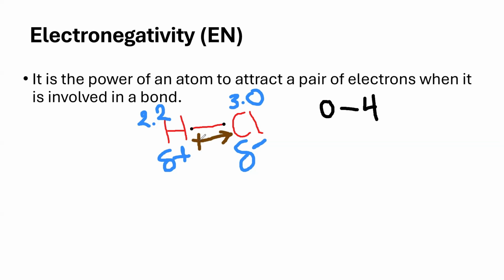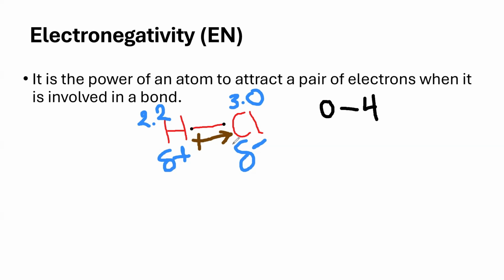So it can be represented in this way or in this way. The more electronegative atom will carry a partial negative charge, which is represented by that symbol, and the less electronegative atom will carry a partial positive charge.